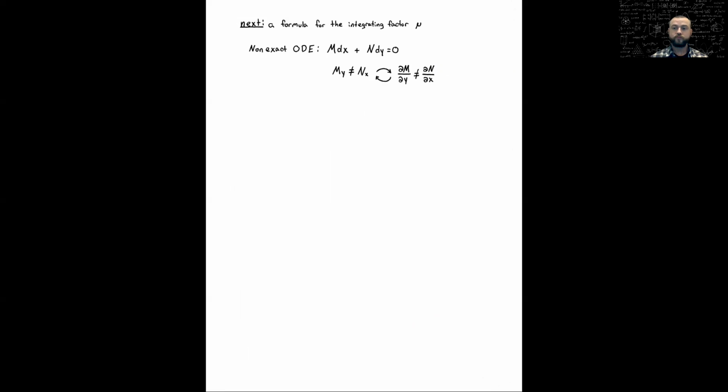All right. So what we're going to do is start from the beginning and assume our ODE, M dx plus N dy equals 0, is non-exact. We know how to solve this if it is exact. We're going to assume from here on out that those partial derivatives for M and N with respect to y then x, respectively, are not equal.